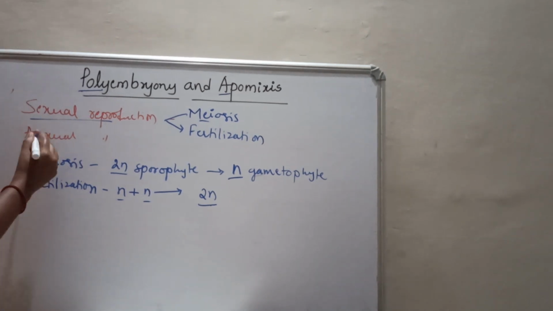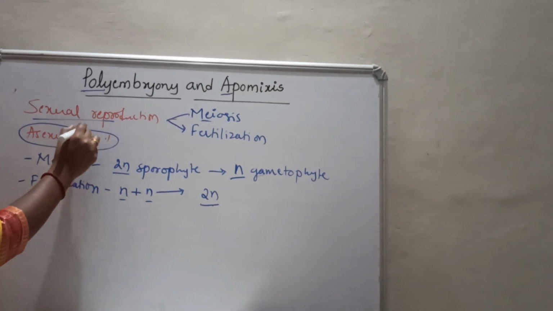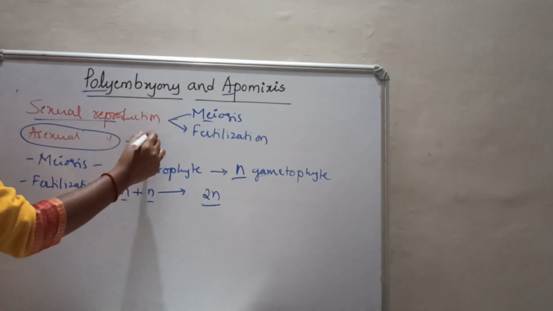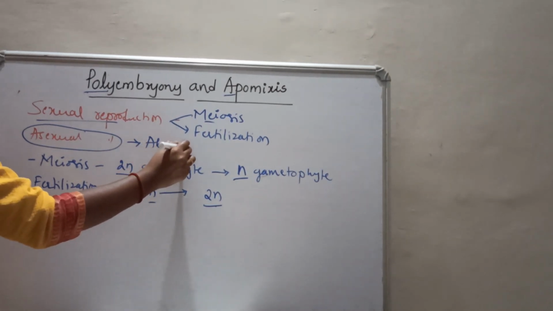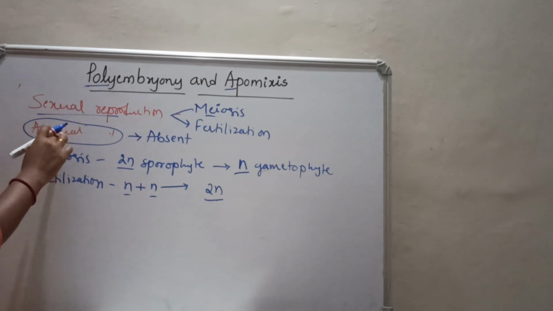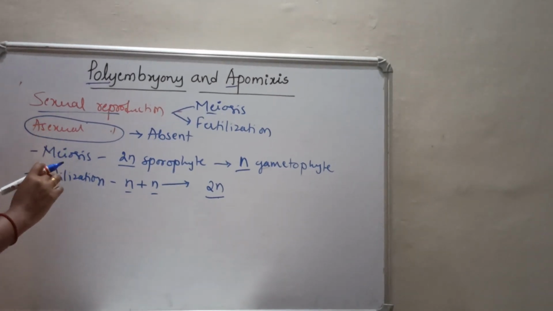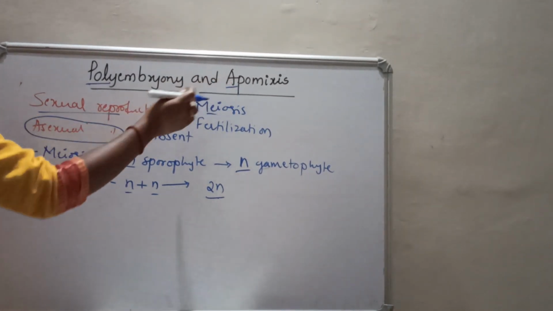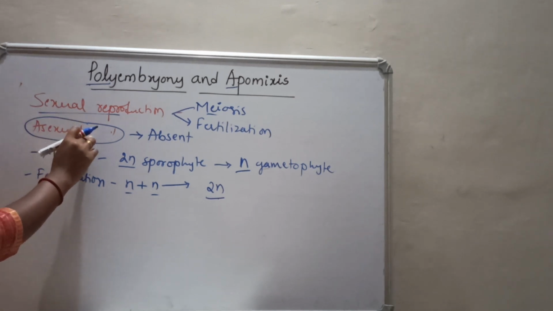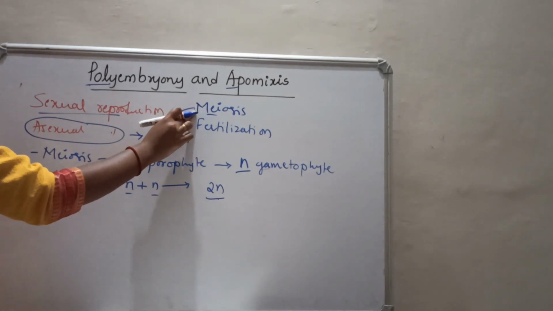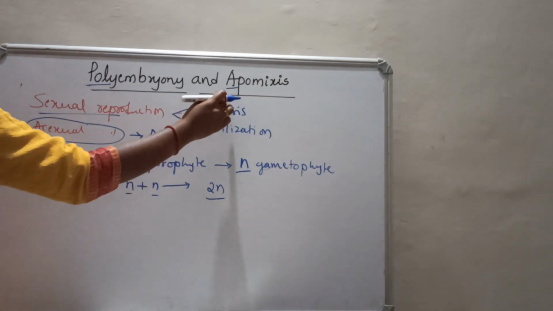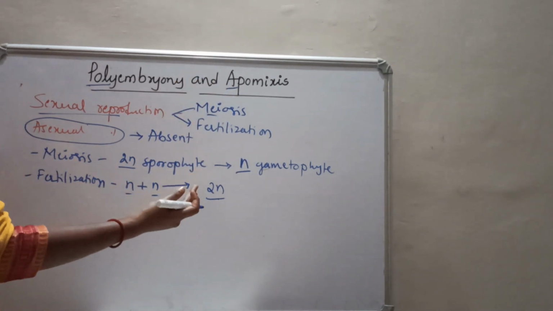But in asexual reproduction, these two processes are absent. Without meiosis and fertilization, the apomictic seeds are formed.